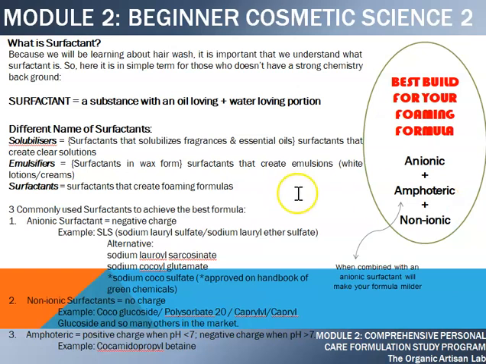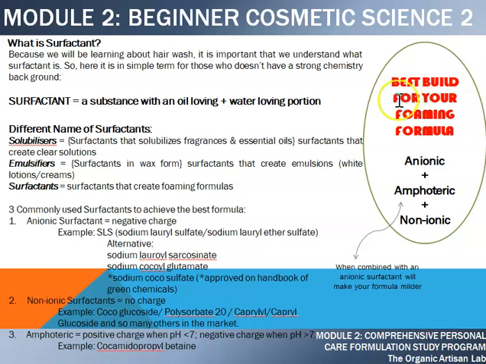Now, when you want to create a foaming formula, what are those foaming formulas? They are shampoos, facial wash, body wash, and so on. There are a lot of products that you can create as a foaming formula.